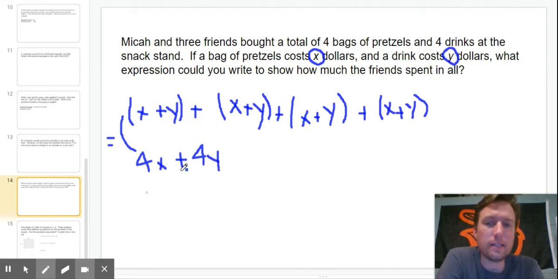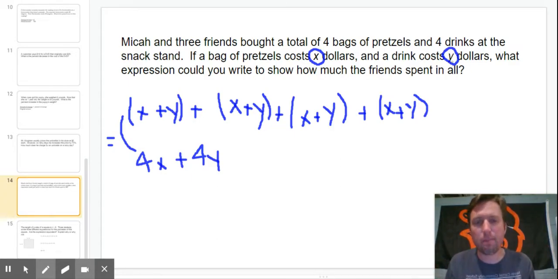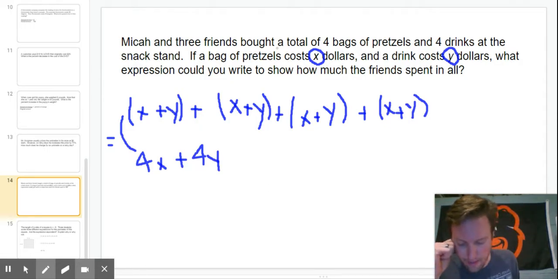Now, in this second expression, you have 4 times x because there will be 4 bags of pretzels purchased, plus the 4 times y represents the drinks cost. It's important to see here, because we're laying the foundation, what these variables mean and how we use them to show the problem in mathematical terms. Now, there's a last scenario. Suppose in the same situation that one friend decides to pay for the bag of pretzels and a drink for all 4 friends.